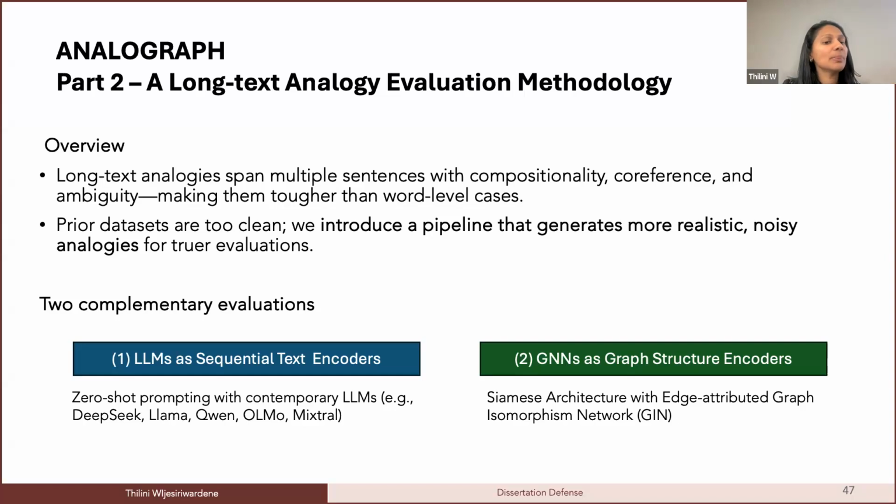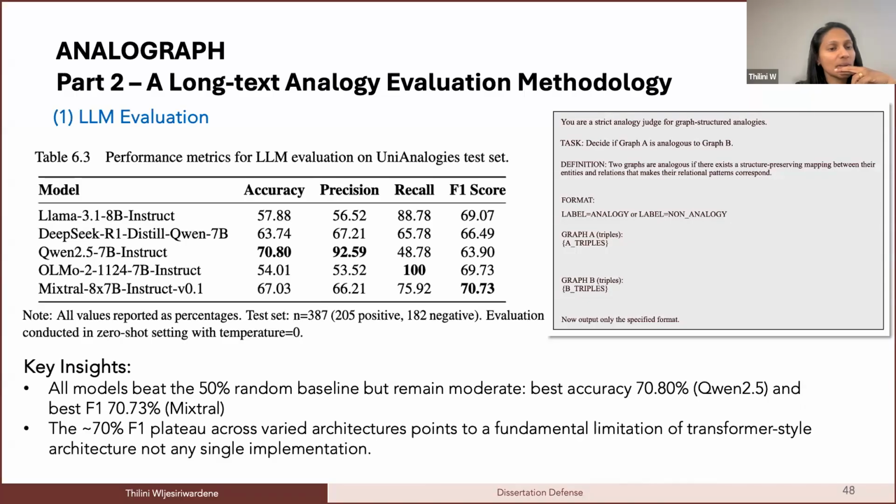So we have two complementary evaluations. One is we use LLMs, which are sequential text encoders. We use a zero-shot prompt with LLMs, and then we use graph neural networks as graph structure encoders. I'll just go to the results of the LLMs.